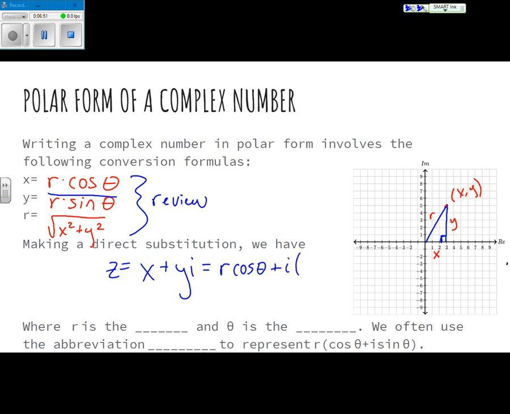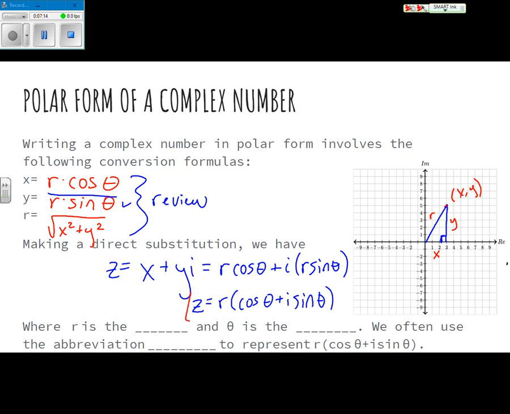And then my y is equal to r sine theta. Making it so that my z is equal to, well, I have a common factor right there, so we like to pull that out in front: r times cosine theta plus i sine theta.